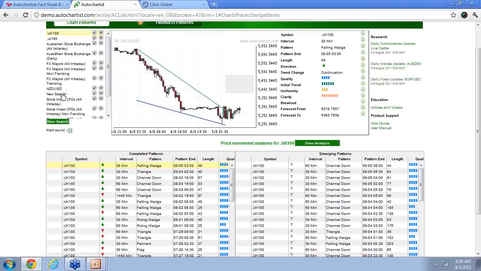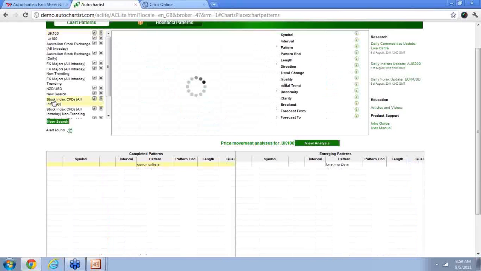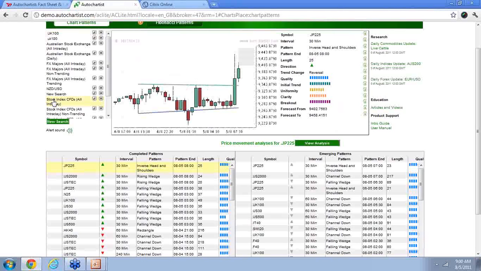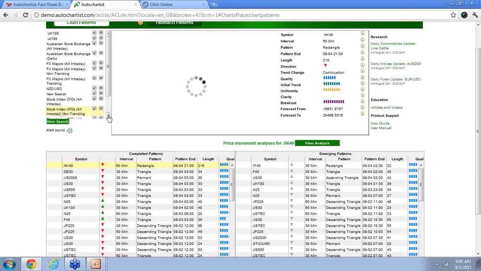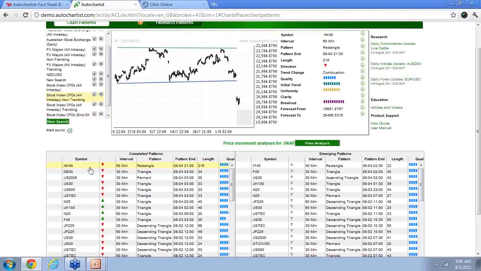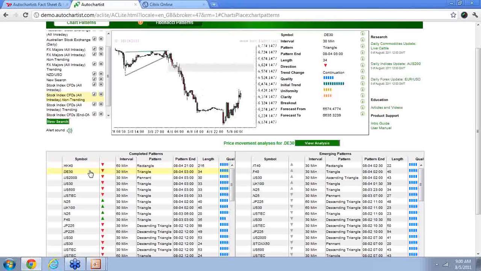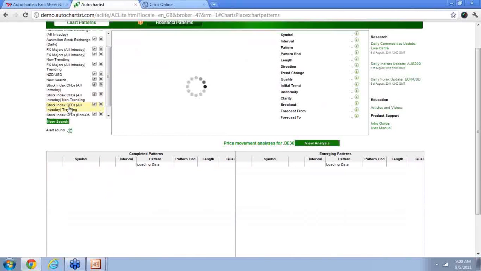Another pattern you want to look at is non-trending patterns. I set up stock indices here, for example. So I'm looking at all the significant non-trending patterns that are taking place in the market. You can see there's really nothing for today that's taking place for non-trending, so I switch back to the trending. You can see that there are these trending patterns taking place.